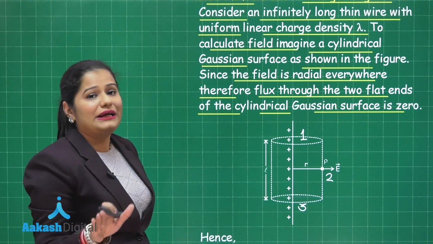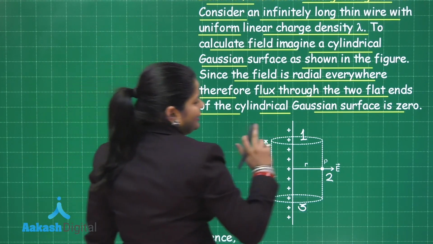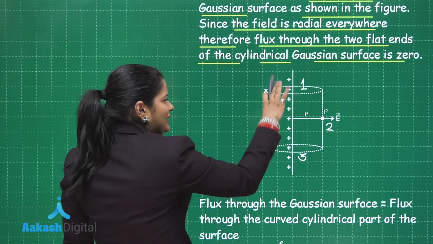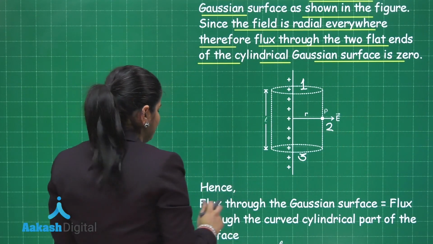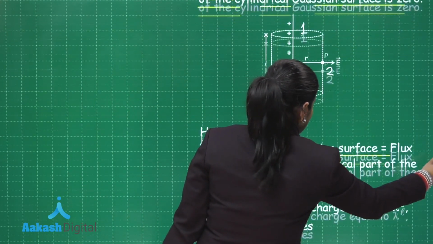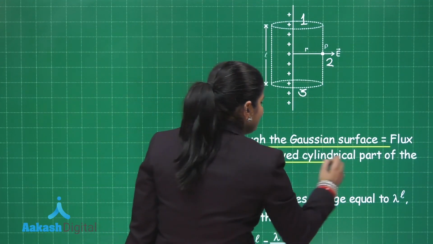So the angle will be 90 degrees and hence the electric flux contribution from these 2 flat surfaces is going to be 0.